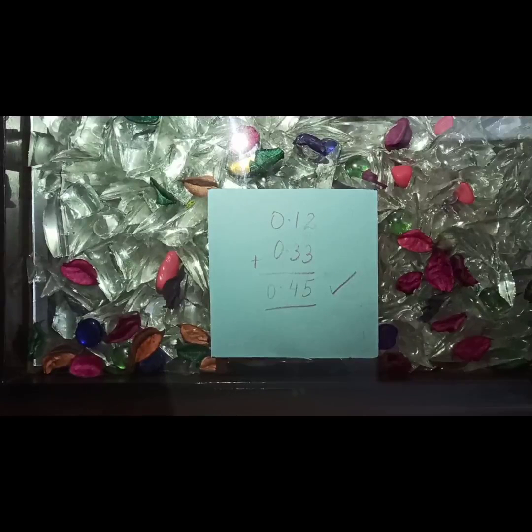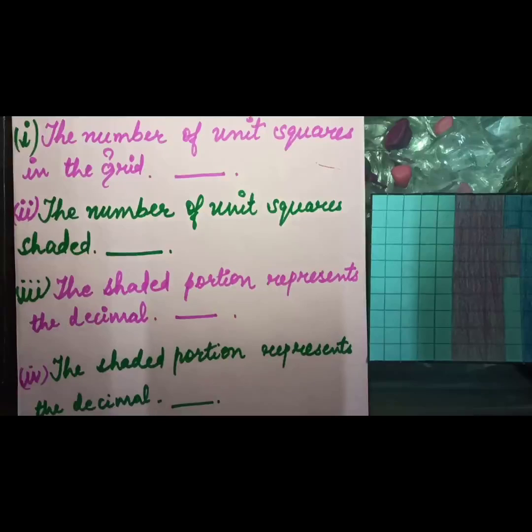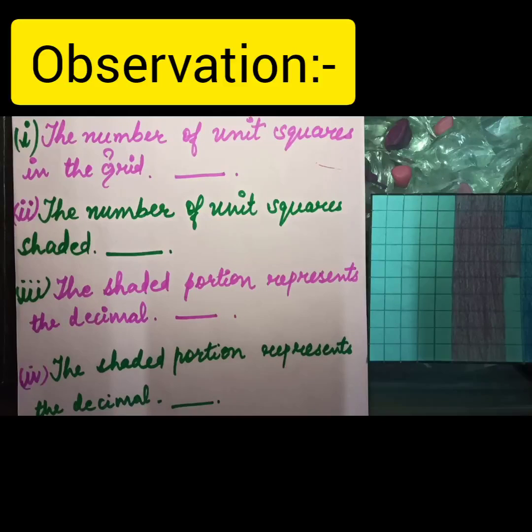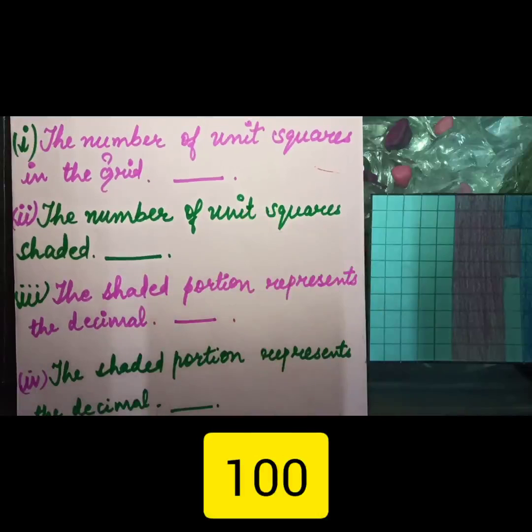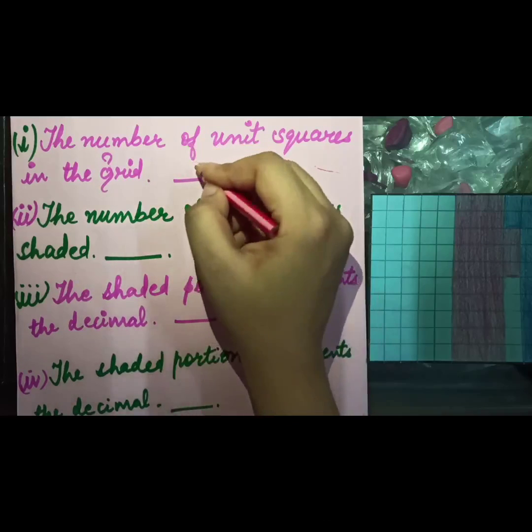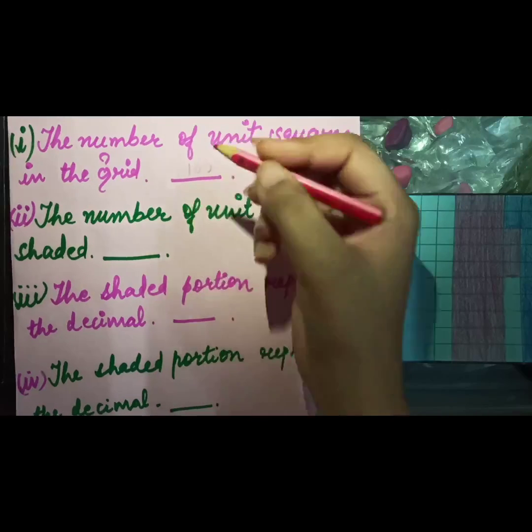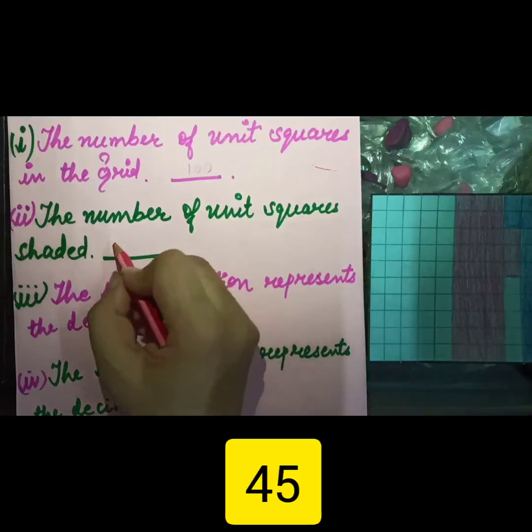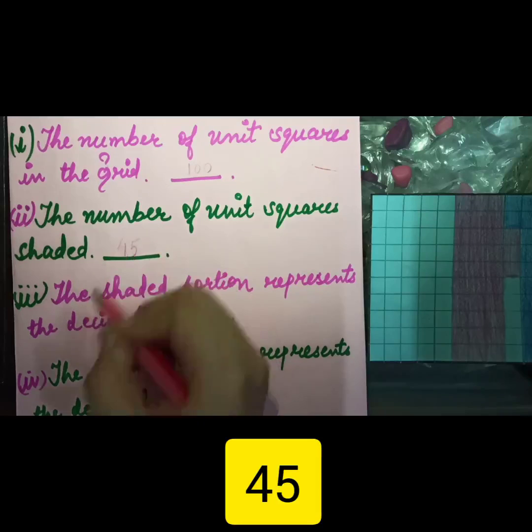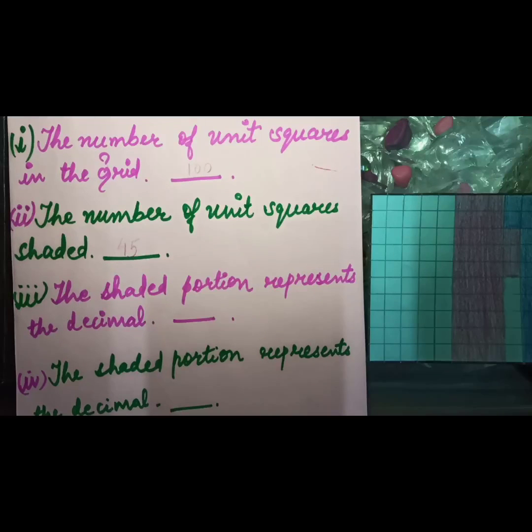Now let's fill our observation sheet. So the total number of unit squares in the grid is 100, isn't it? How many of the squares are shaded? I can see 4 lines and 5 boxes, which means 45 of my boxes are shaded, isn't it?